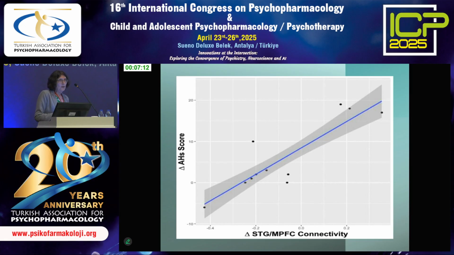So also we have looked at the correlations between reductions in auditory hallucination score and the brain measures. And here, STG-MPFC connectivity emerged as being related to reductions in auditory hallucinations.